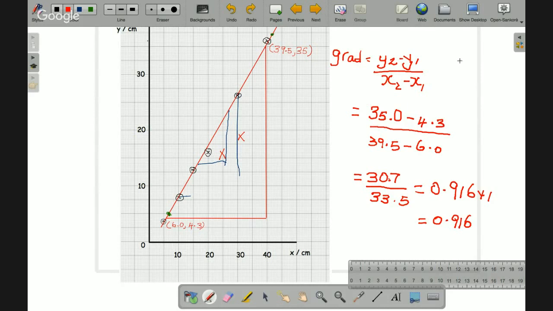If we divide centimeters by centimeters, they both will cancel. So the gradient has no units. You can simply write the gradient is 0.916 and not use any units. It's dimensionless. All right, so if you could just remember that number, because we need it for the next slide.